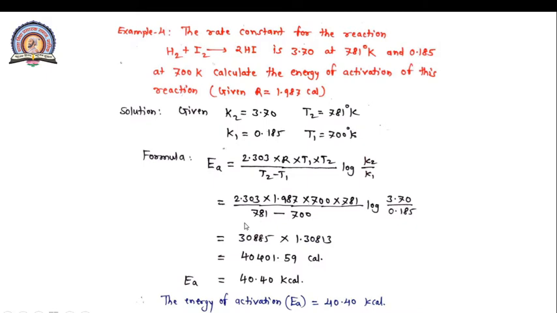Then solve this, then the value becomes 1.59 calorie, convert calorie to kilocalorie. Therefore this Ea is equal to 40.40 kilocalorie, and therefore the energy of activation Ea is equal to 40.40 kilocalories.